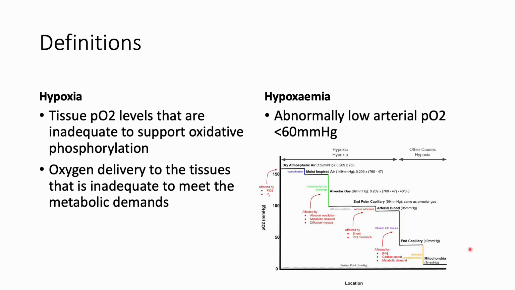And so the oxygen cascade is an examiner favorite, and it's a very common opening Viva question where they give you a blank diagram and ask you to explain what's happening at each step. And it's an examiner favorite because it allows the opportunity to demonstrate a lot of understanding. So you should be able to reproduce this diagram and say what's happening at each step, what's the normal values, and what are the factors that might affect each step.